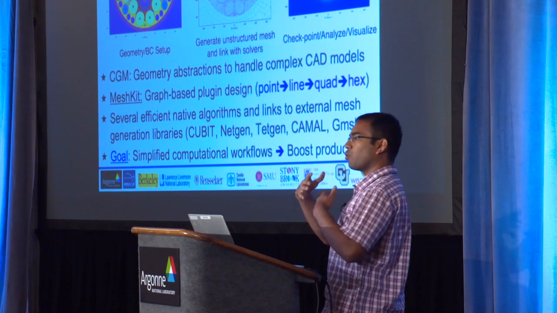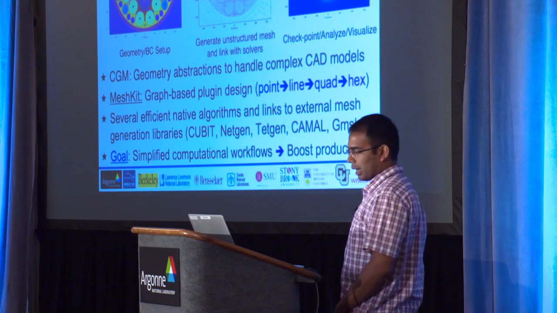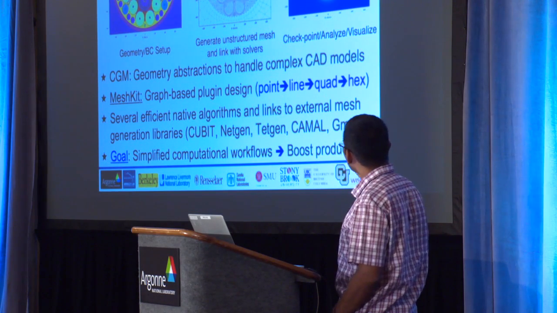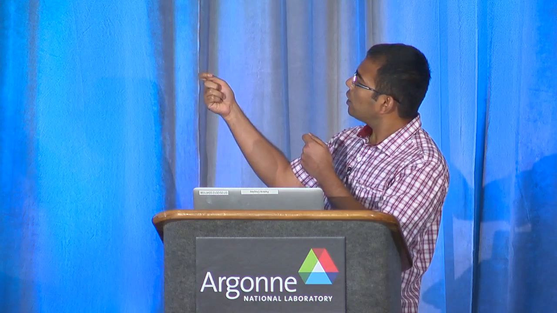And the idea is Sigma provides different components that can help you get through that workflow. As I mentioned, CGM provides abstractions for the CAD models, and MeshKit is written in a hierarchical design where you can mix and match different algorithms.